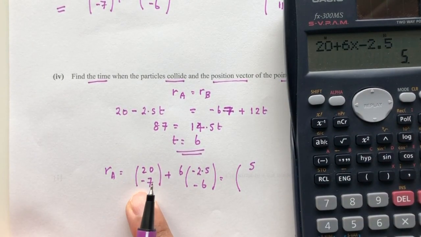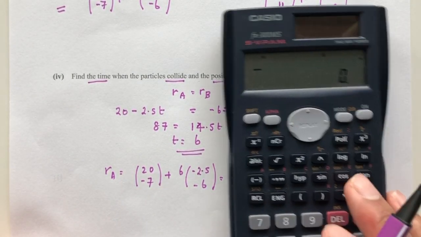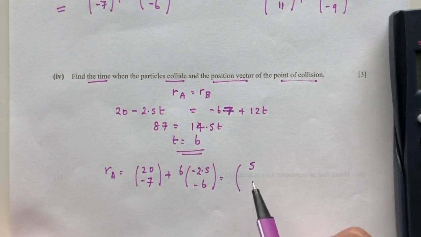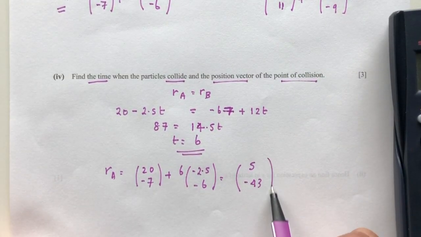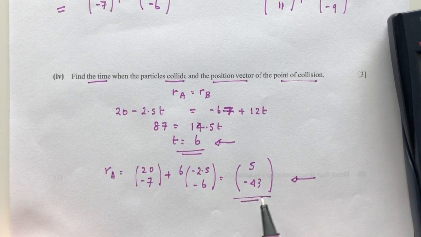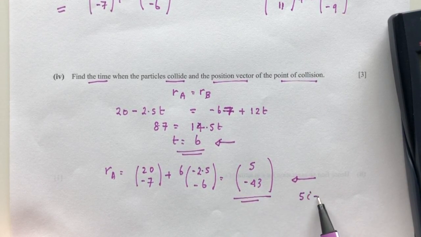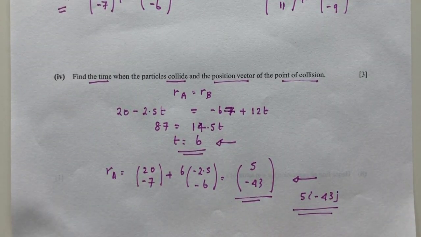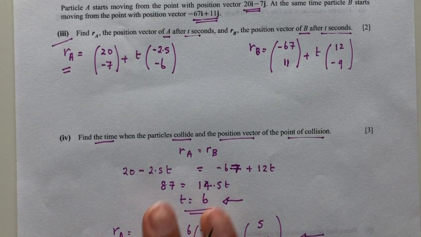And minus 7 plus 6 times minus 6, that will be minus 43. So the time taken will be 6 and the position will be this one. Or you can write 5i minus 43j. It is up to you. And that is question number 8.